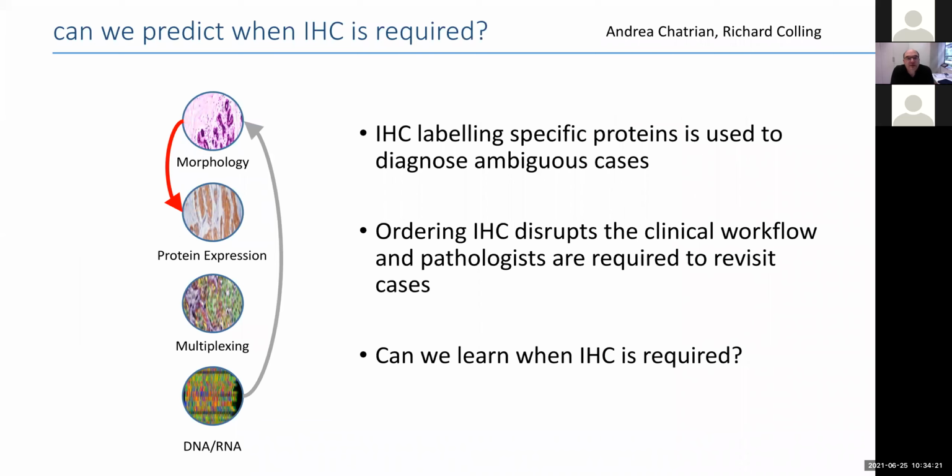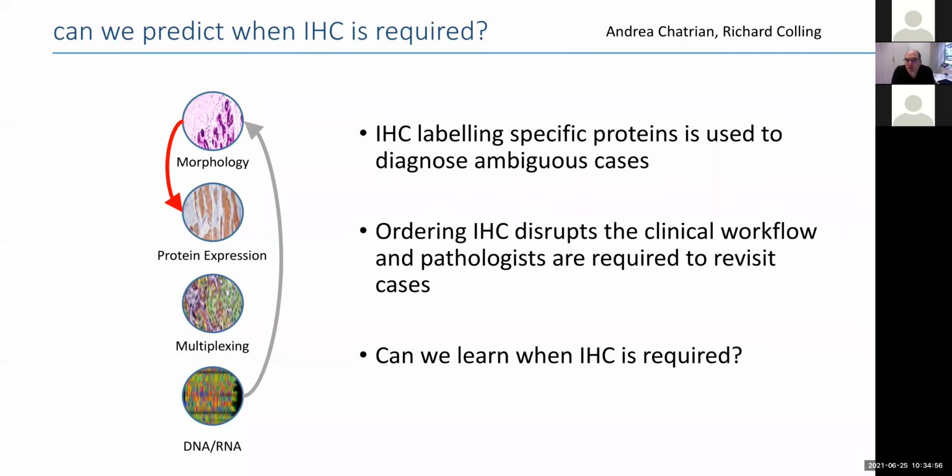So the next case I wanted to highlight is, remember what I was saying in the beginning, what can we really do for clinical pathology in the short term? Can we, for instance, look at the connections between morphology and protein expression? It is quite clear that IHC labeling is already used to diagnose ambiguous cases. Today, a pathologist would order IHC if he is unsure.